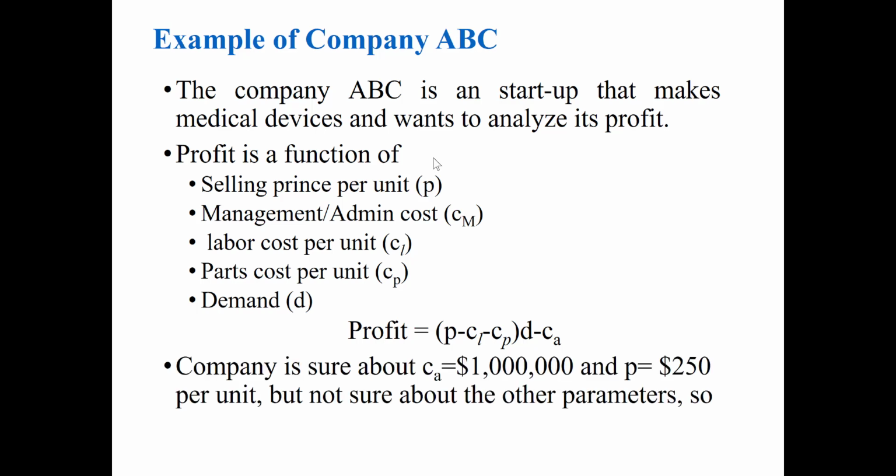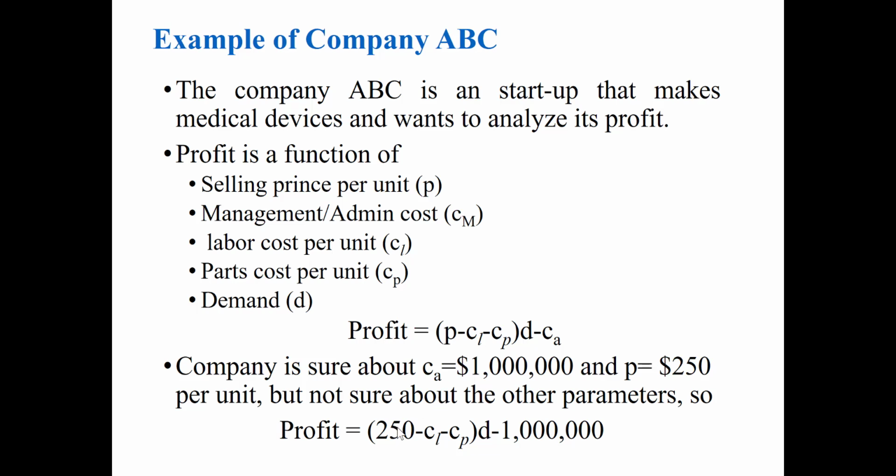Now the company has done some study, and they got some numbers: their administration cost for sure is going to be $1 million, and their selling price is $250. So these numbers are fixed and constant, but they are not sure about the three parameters that are left: CL, CP, and D. These are the three values that they don't know.